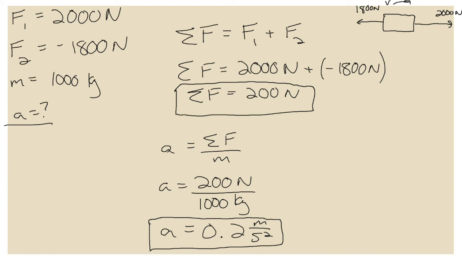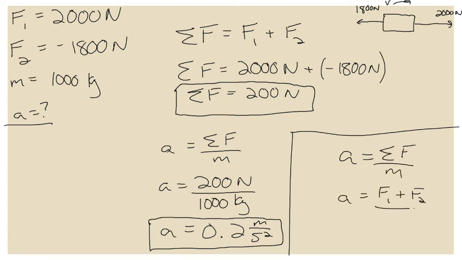Now, I just want to address one thing, because some of you might have done this a different way. I decided to show it like this because this is the first example that I was ever going to show. But it's important to realize I am totally fine with you doing something that looks like this and just plugging the sum of the forces equation directly into the acceleration equation.